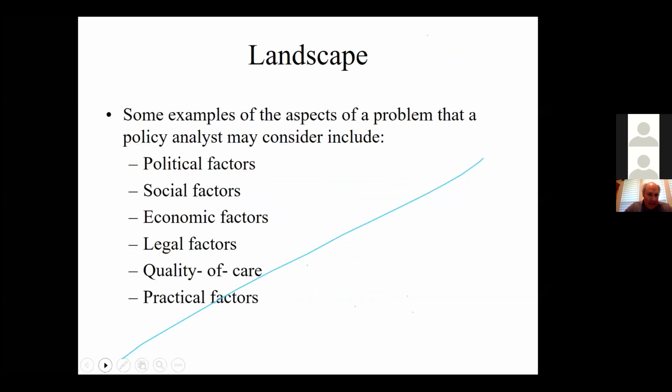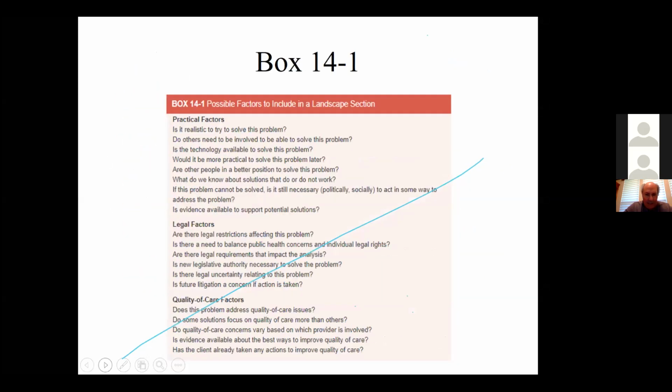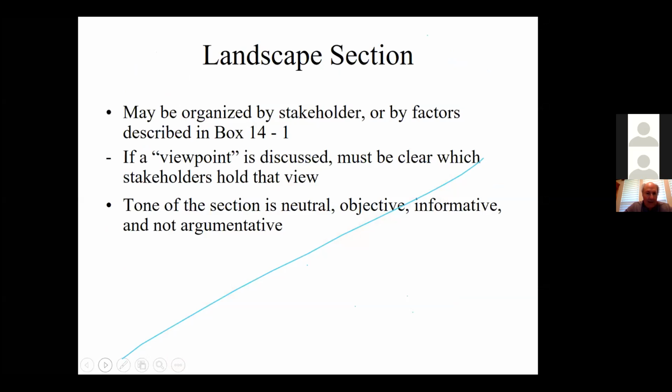And I would say you're going to discuss different factors in the landscape. You can decide whether you organize that by stakeholder or by factors. That'll be up to you.